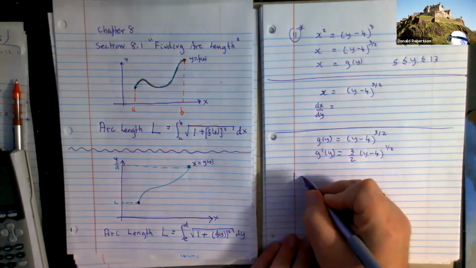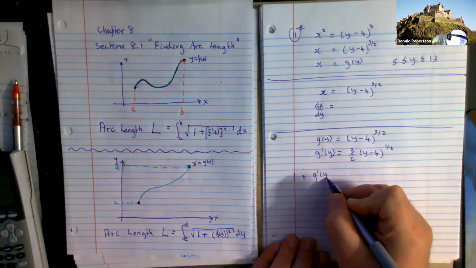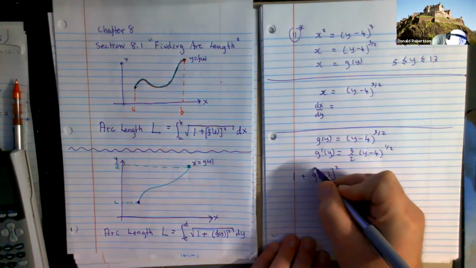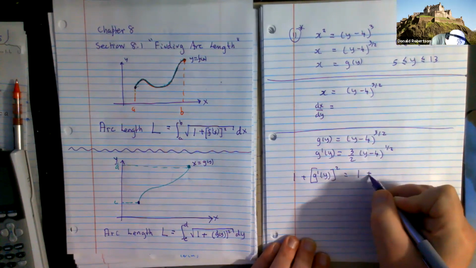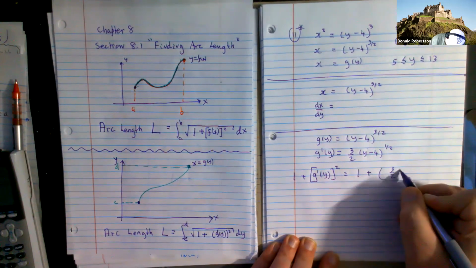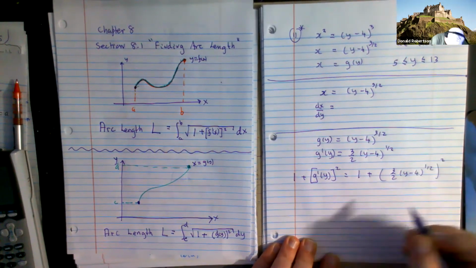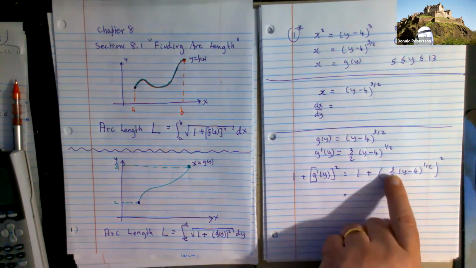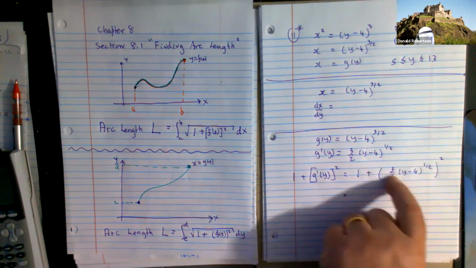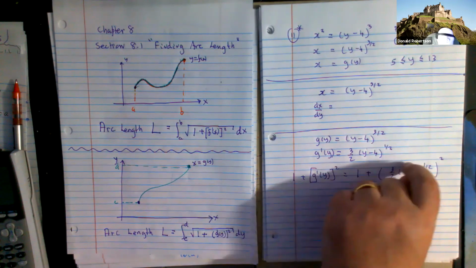1 plus the derivative squared becomes 1 plus this guy squared. Now, if you've got terms that are all multiplied or divided, you could just square each one separately.